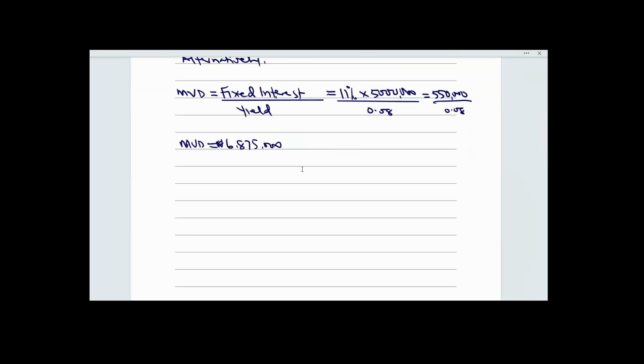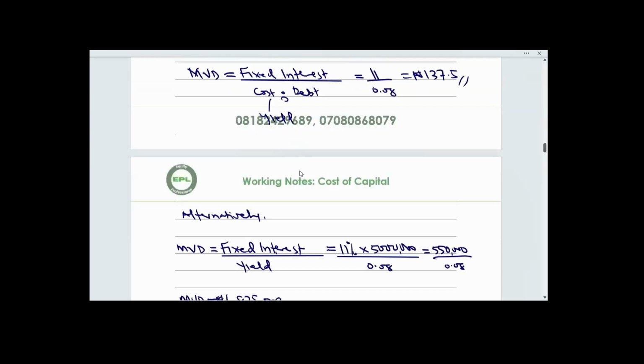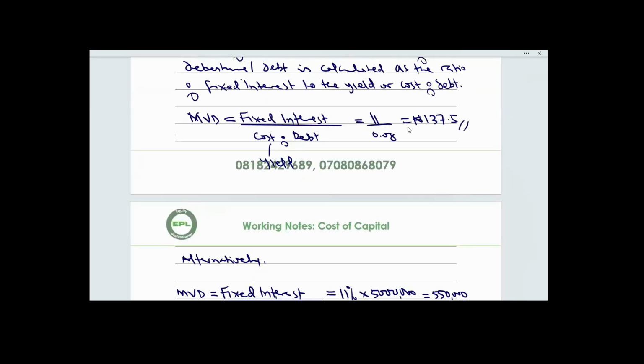Now, for the first one that we solved, this one that gave us 137.5, let's say, for example, I want to confirm that 137.5. You recall that earlier I mentioned that the market value of debt is calculated as nominal value multiplied by ex-int price divided by 100 naira per unit.